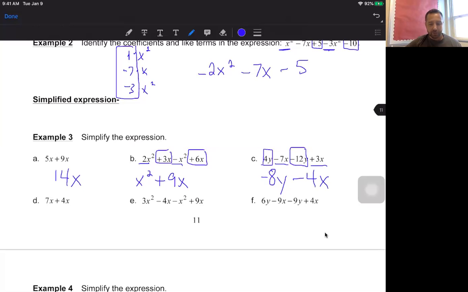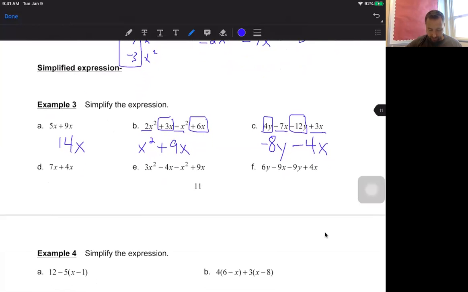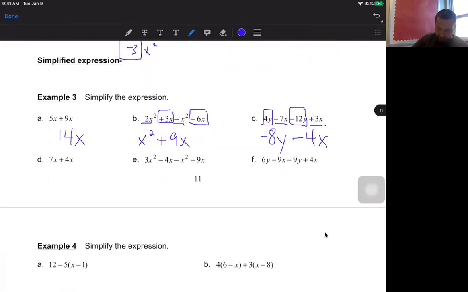All right, I'll do the next three rather quickly to give you guys a little more time. On D, we have 7x and 4x. They're the same variable, both to the first power, so we can combine them. 7 plus 4 gives us 11, and then x, since we're adding. Part E, we have x squared and we have x's.